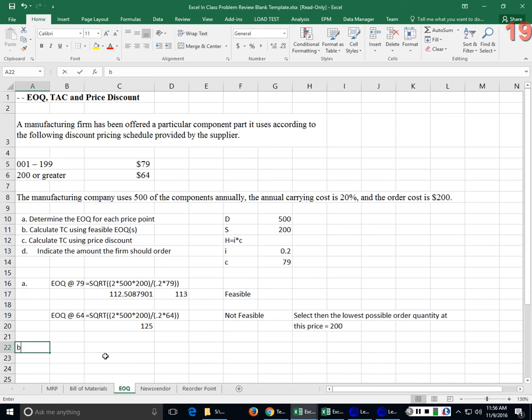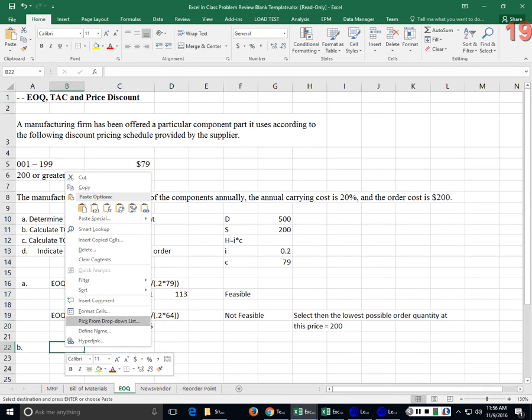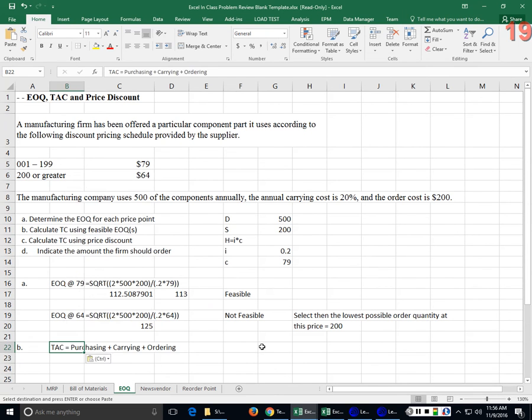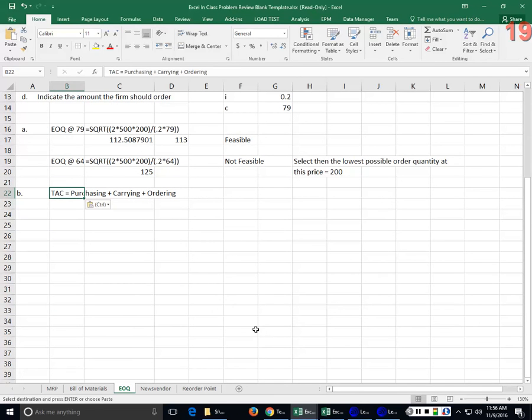Okay? And so when I move on to B, and I look at total cost, we'll have seen this a bunch of times at this point, but total cost is equal to purchasing costs plus carrying costs plus ordering costs, right?